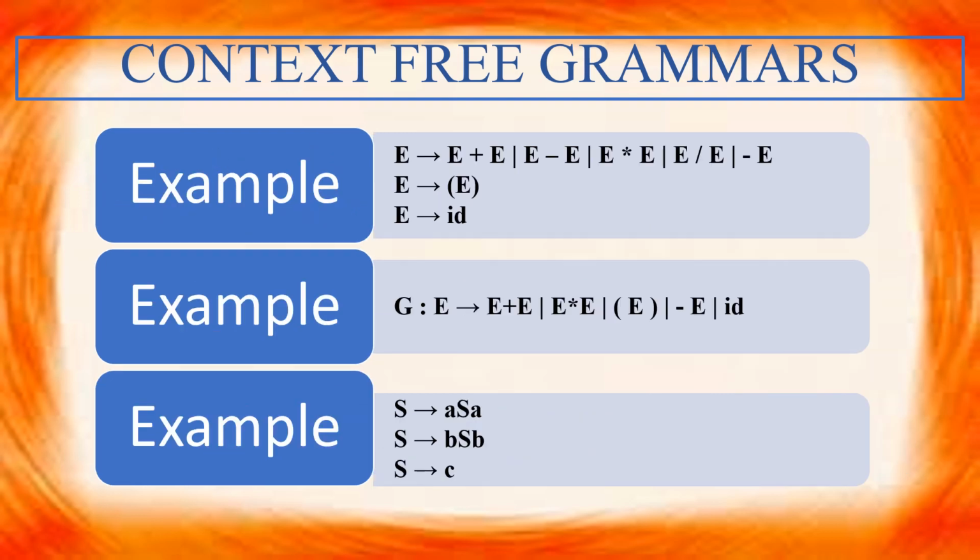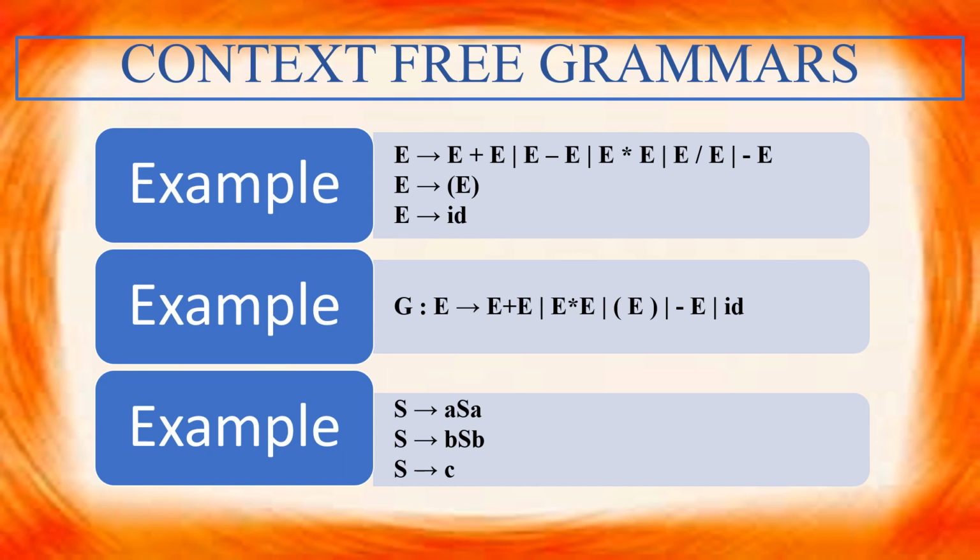Here are some examples of context-free grammar. E implies E plus E, or E minus E, or E multiplied by E, or E slash E, or minus E. E implies within the brace E. E implies ID.